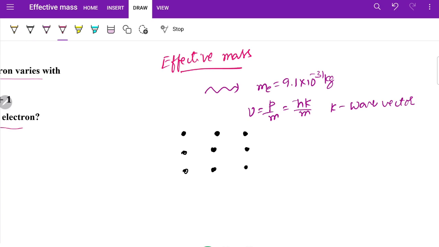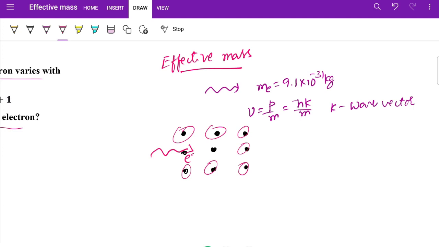When an electron travels inside a solid, the electron is not free anymore. It is influenced by the periodic potential created by the regular arrangement of atoms and ions in the crystal lattice. This influences its mass and velocity, and significantly alters the motion of the electron.